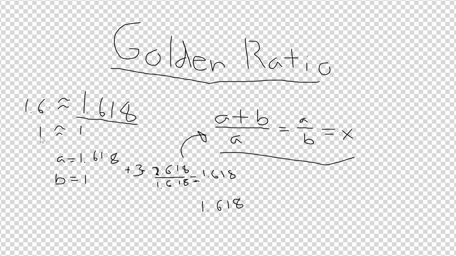So say I took 1.6 and I multiplied that by 7. We would get 11.2. And since I multiplied 1.6 by 7, we have to multiply 1 by 7. And 1 times 7 is 7.